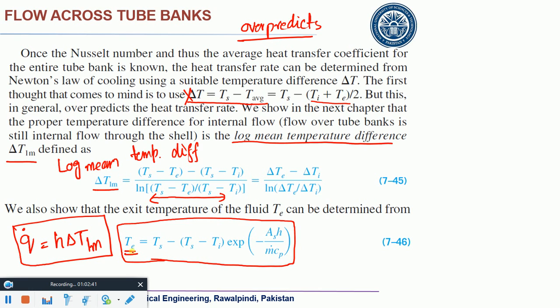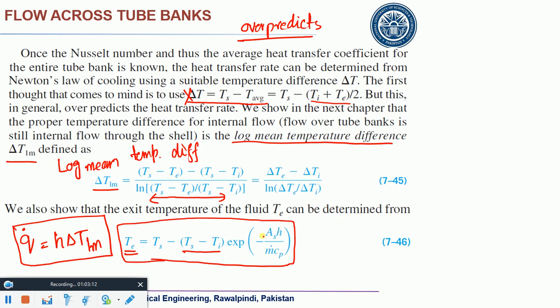T exit. Now you know the temperature T inlet, isn't it? Because it is something which is given, which is known. How can you find T exit? So T exit can be found by this expression. How do you come up with this expression? There is a proof in the next chapter. We will do that inshallah. So T exit equals Ts minus (Ts minus Ti) times e raised to the power minus A_s h over m dot Cp. m dot is the mass flow rate, A_s is the surface area.